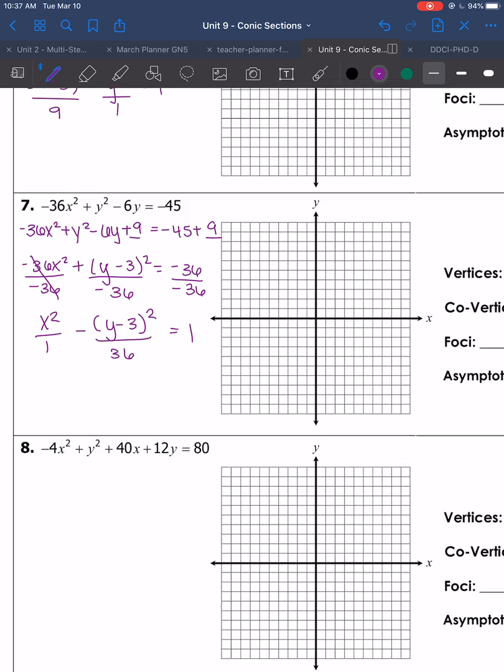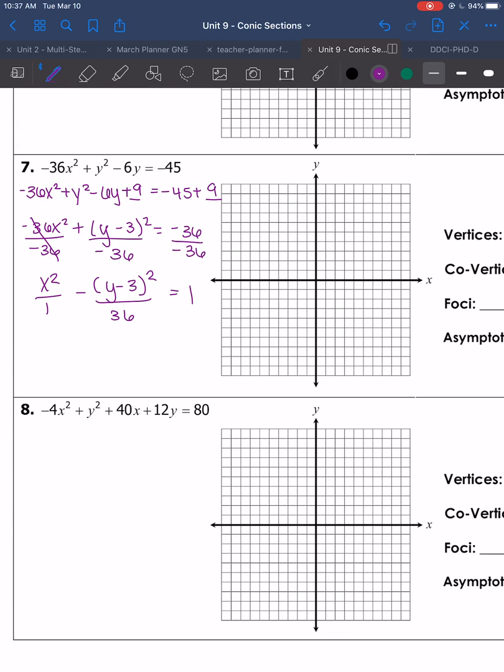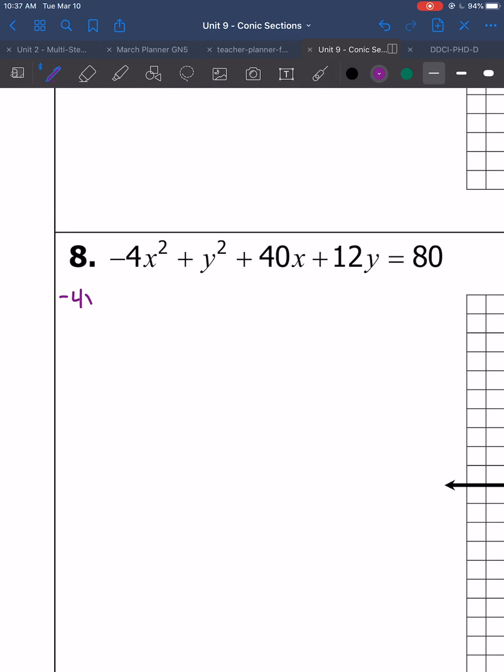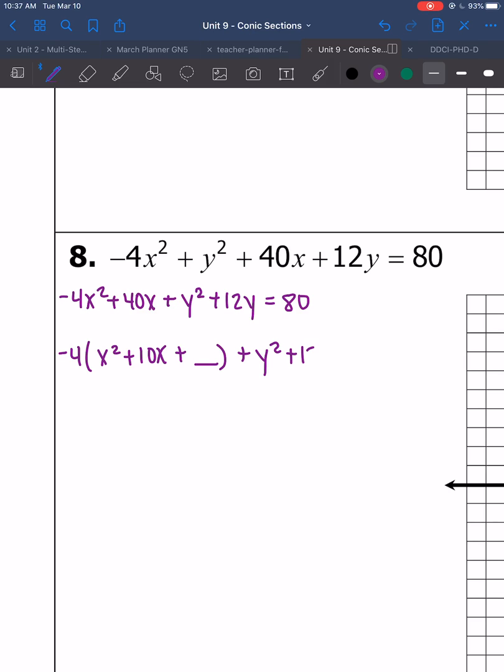And then last but not least, I'm going to have to complete the square twice. So I have, let's just zoom in here, -4x squared plus 40x plus y squared plus 12y equals 80. So then I can factor out a -4 for the x's, so -4 times (x squared plus 10x plus something) plus y squared plus 12y plus something equals 80 plus something and plus something.